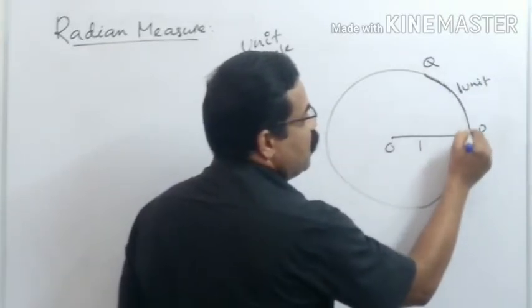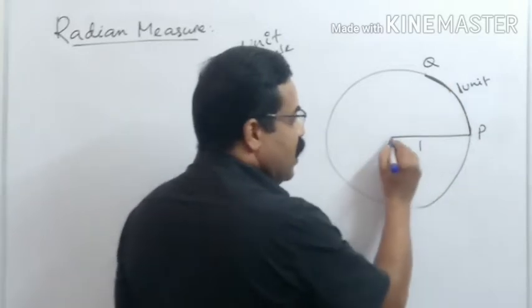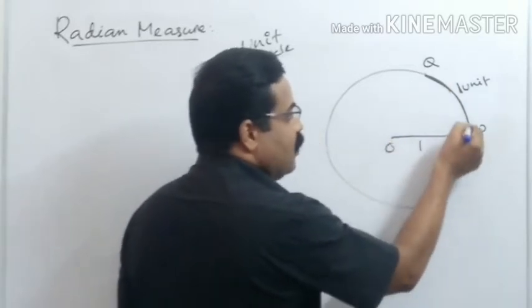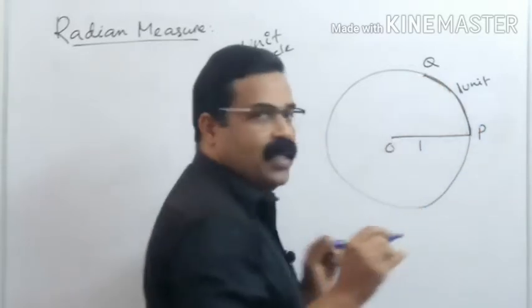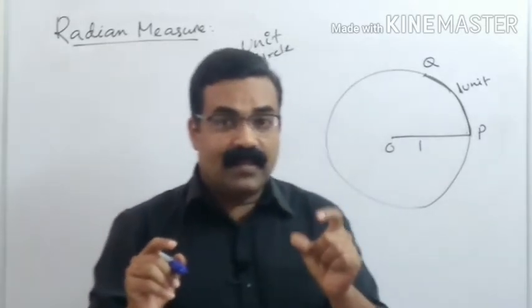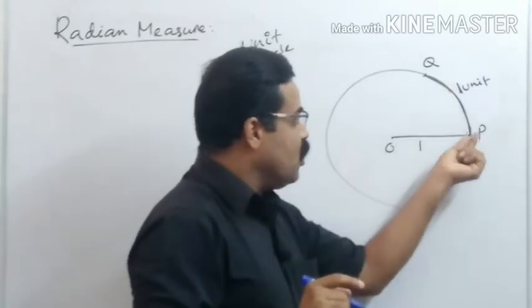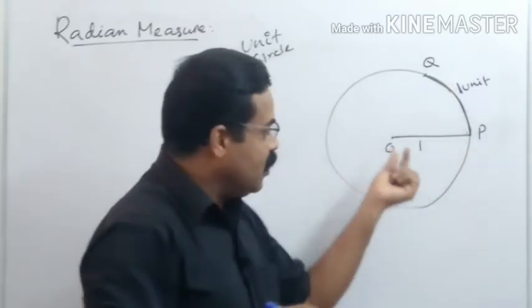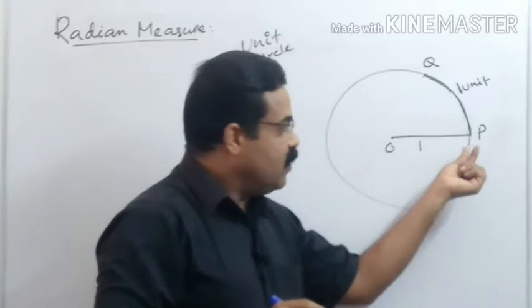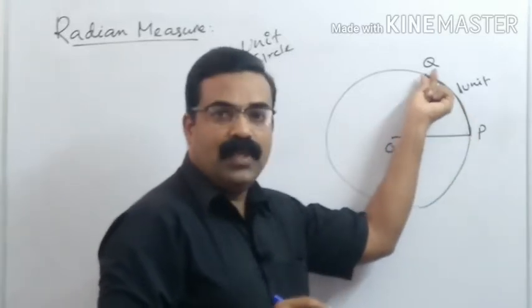Radius is 1 unit, arc length PQ is also 1 unit. That means we are taking an arc length which is equal to the radius.